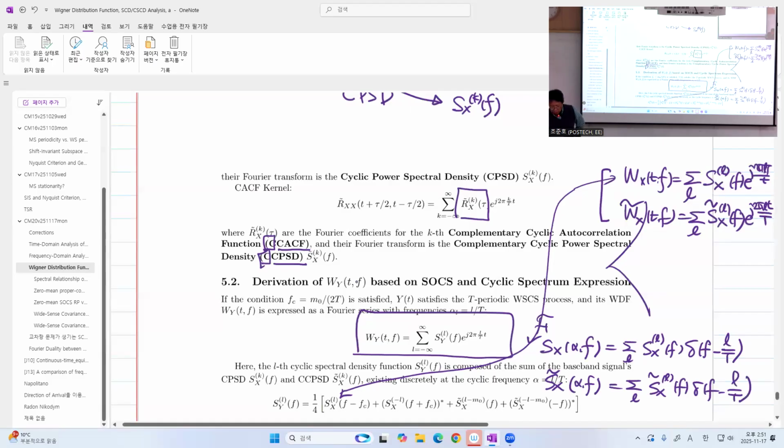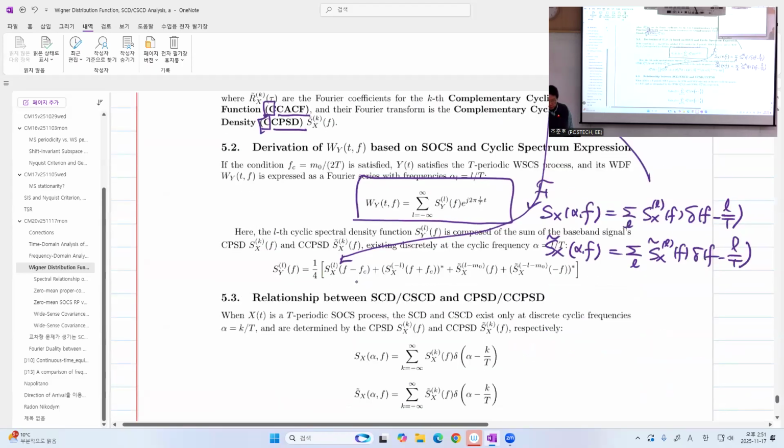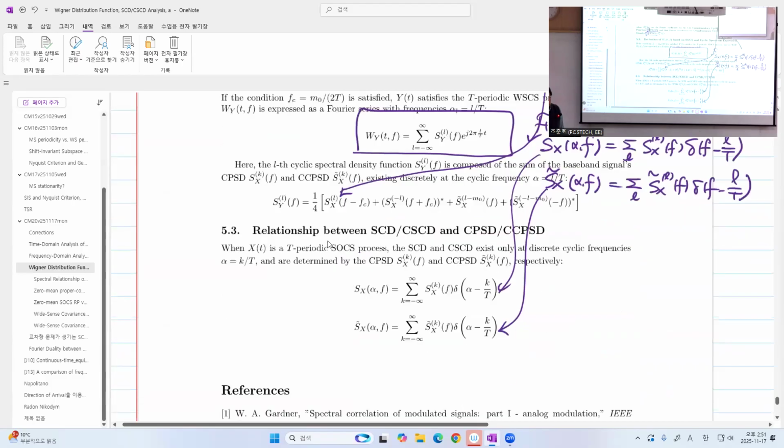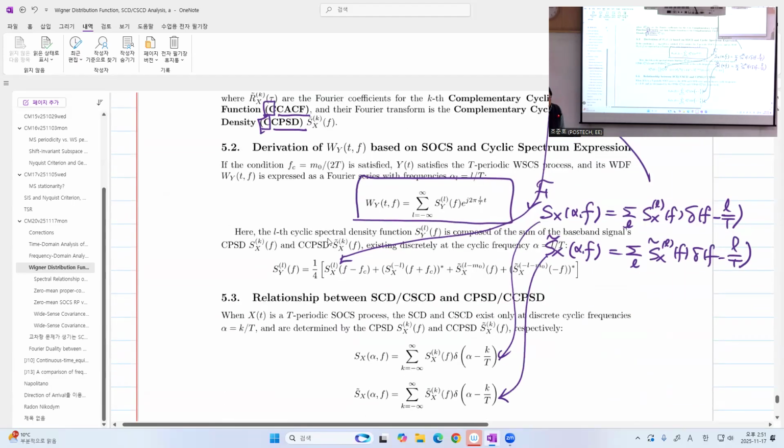Oh, okay. We already have it. Yes, the order is messy. I assumed I had sorted them out, but not yet.